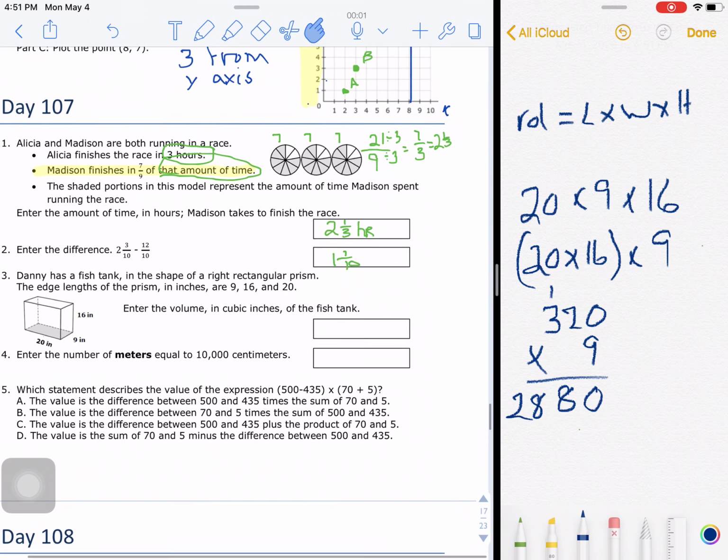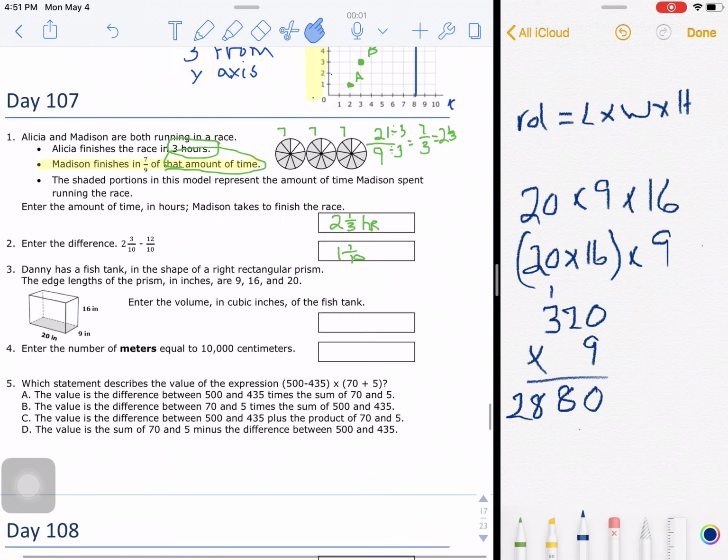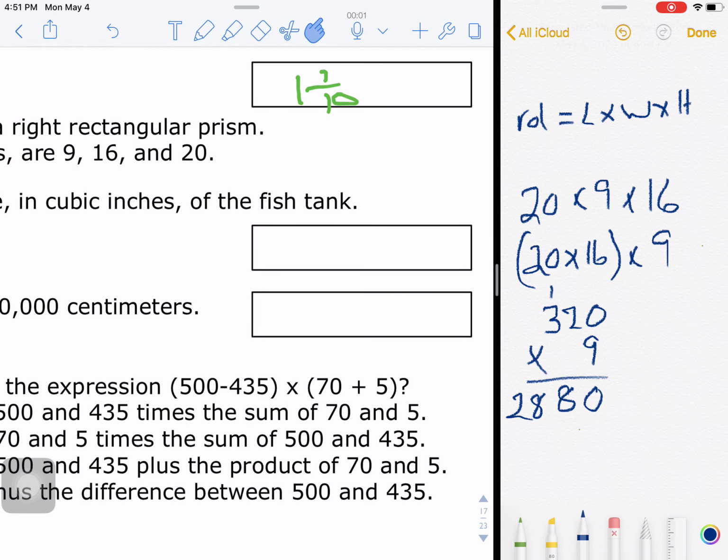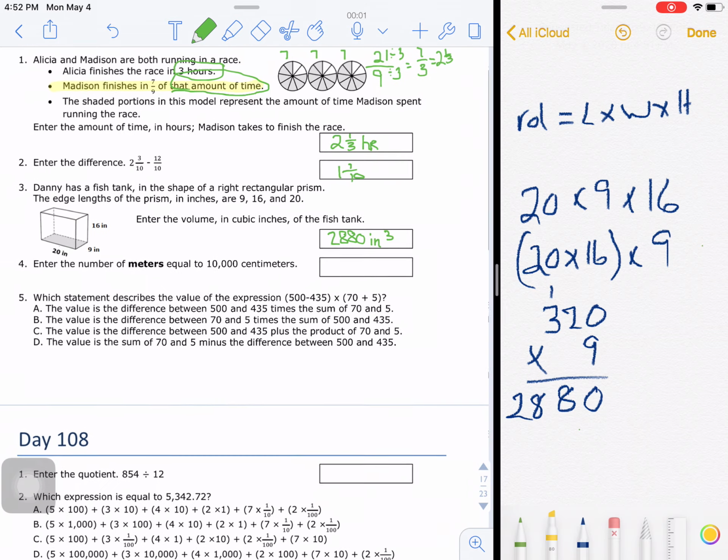And it is a volume, so we have to give the correct unit of measure: 2,880, and the measurement is inches cubed. There we go.